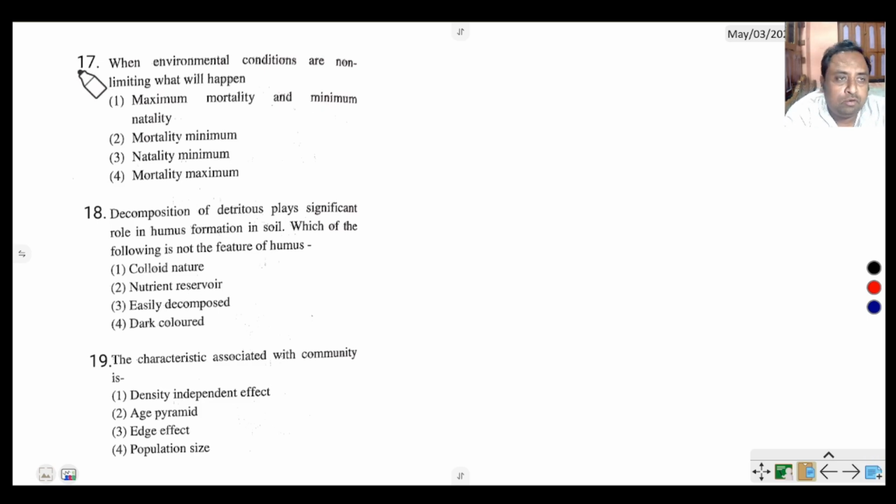When environmental conditions are non-limiting, that means the resources are unlimited. When the resources are unlimited, maximum mortality and minimum mortality.